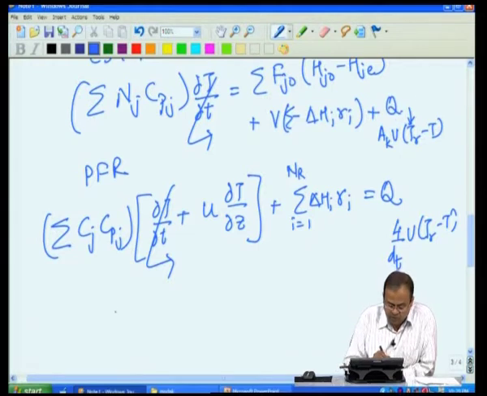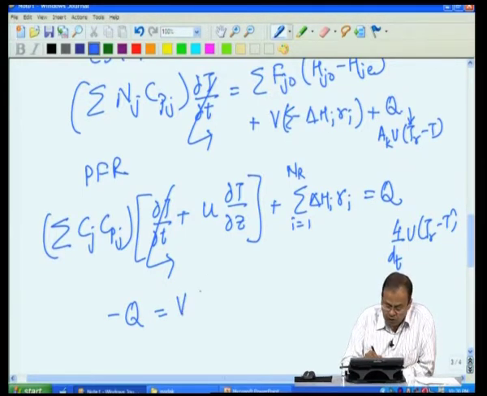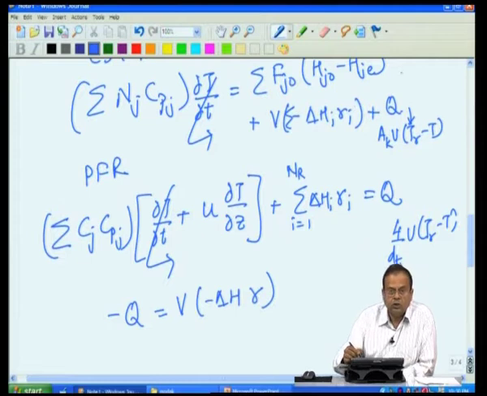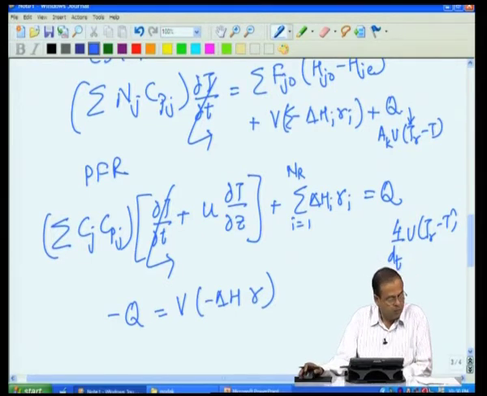According to this energy balance, minus Q, which is our UA into T minus Tr, must be the same as V into minus delta H into R, the rate of reaction, because we are looking at a continuous system where enthalpy in and out is the same, that is the temperature of the inlet is the same as the temperature of the outlet.